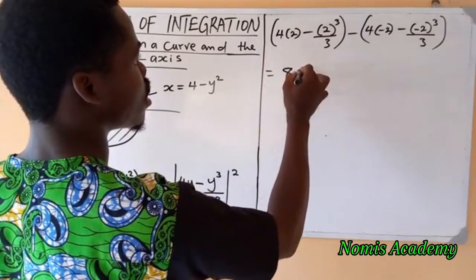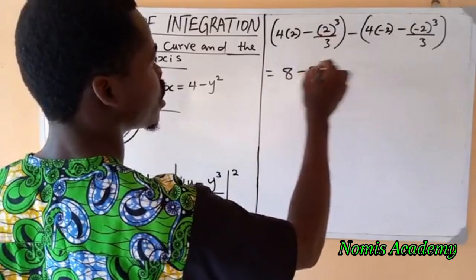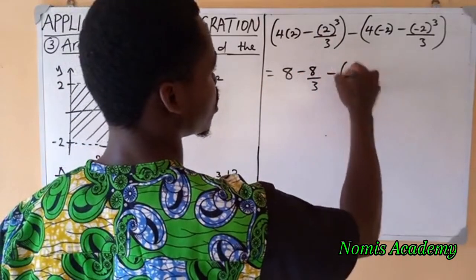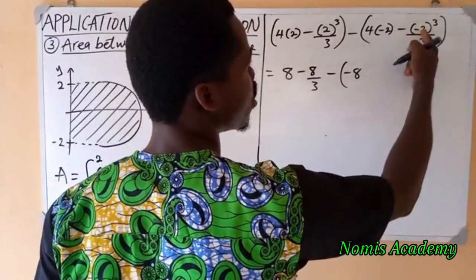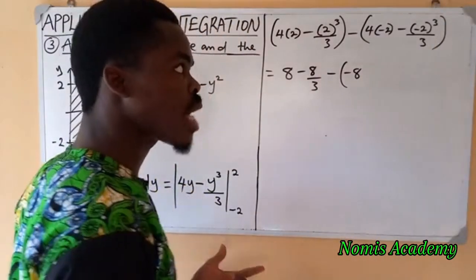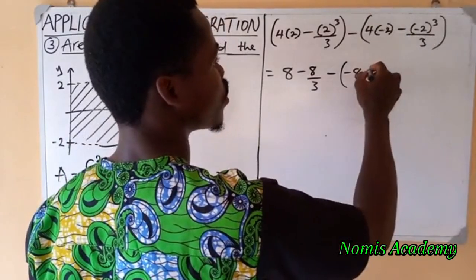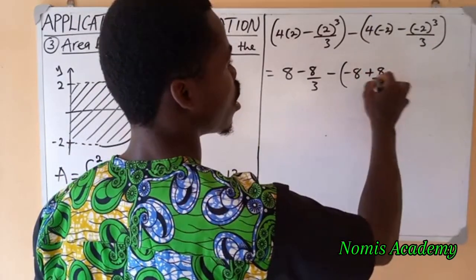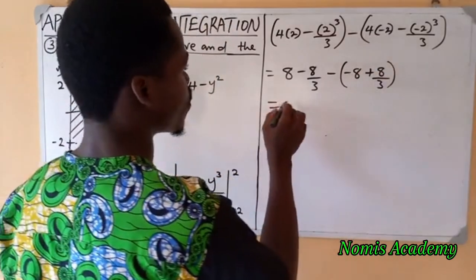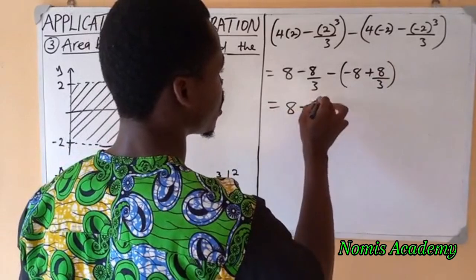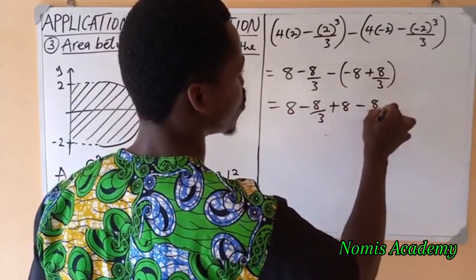Here we have 8 minus 2 raised to the power of 3 is 8 over 3, minus, here we have -8, and -2 raised to the power of 3 is -8. So -8 and multiplying by minus gives us +8 all over 3. So we can also clear off the brackets. That will be 8 minus 8 over 3 plus 8 minus 8 over 3.